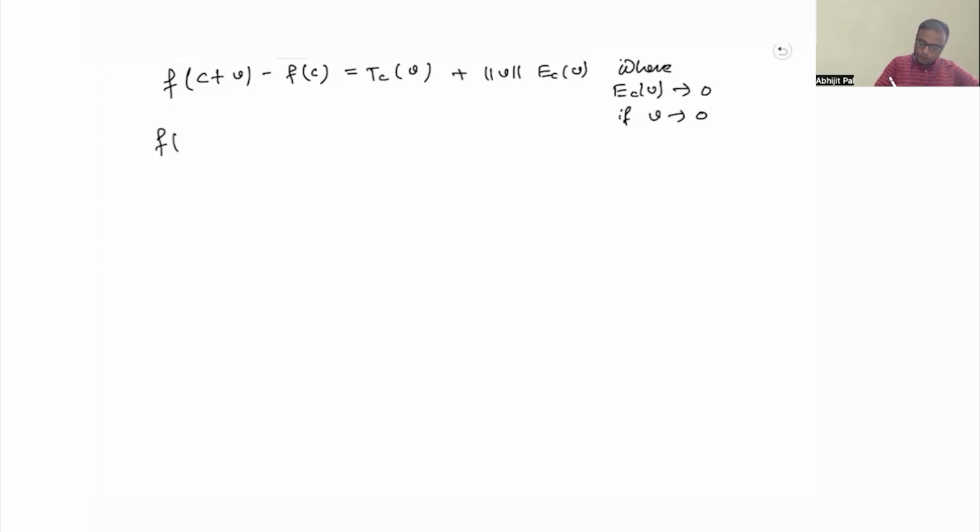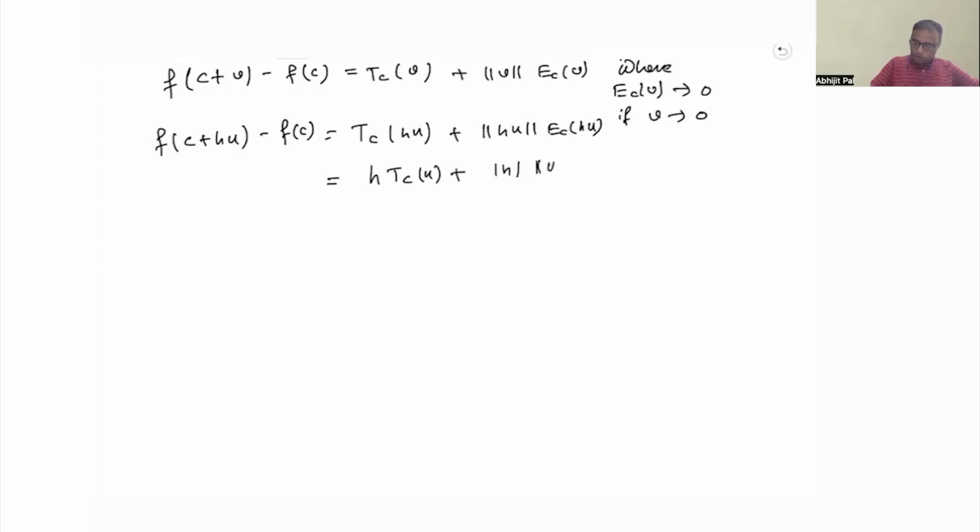Now put b equal to hu. So now we have this equation. Now this T is a linear function, and this h is a scalar belonging to R, so it will come out. So it is h times T_c(u) plus mod h times norm of u times this error term.